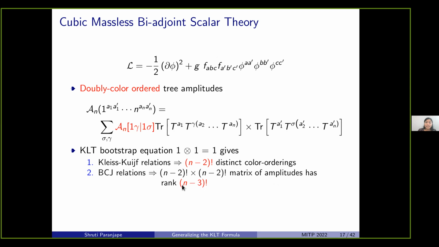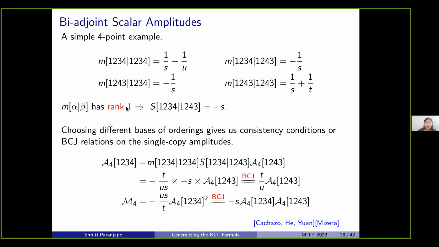The upshot of this is that you find that the rank is (n-3)!. Okay, so at 4 point, what does that mean? It means rank 1. So at 4 point, you have these kinds of scattering amplitudes over here. And because this matrix of amplitudes has rank 1, I can choose, for example, this basis 1, 2, 4, 3, and 1, 2, 3, 4, and just take this element, invert it, and that gives me the KLT kernel.